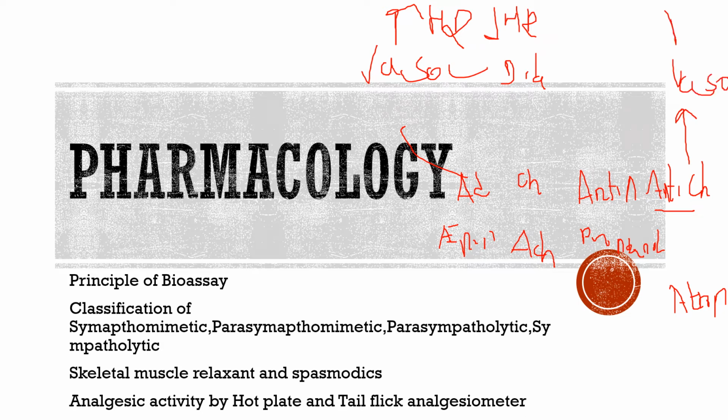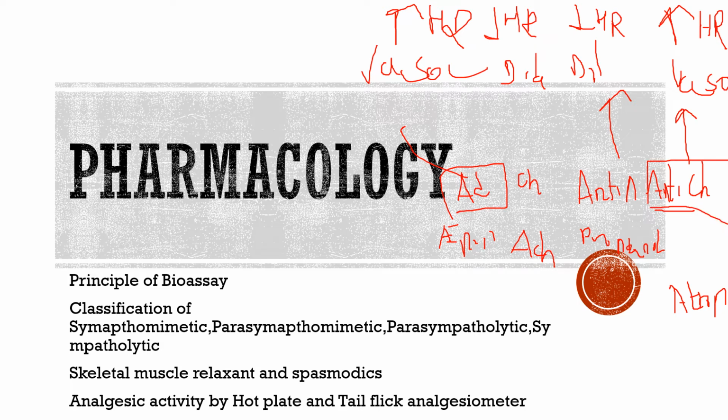That means it will increase the heart rate. Similarly, anti-adrenergic drugs will cause the opposite action of adrenergic. It will cause vasodilation. It will decrease the heart rate. So we can say that adrenergic drugs and anticholinergic drugs have a similar action of increasing the heart rate. It is also increasing the heart rate.